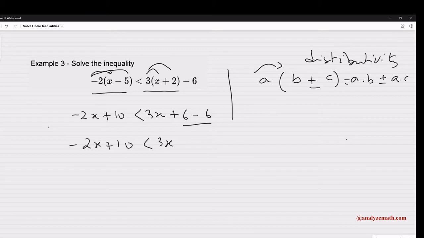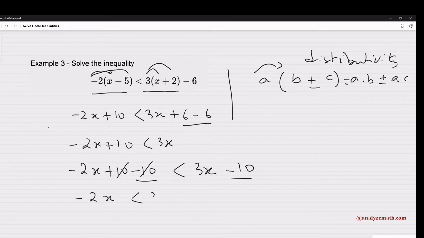Now I need to move this 3x to the other side. I can move the 3x or the 10, whichever. So let's start with 10. If I have a plus 10, I need minus 10 here, and 3x minus 10 here, the same thing on both sides. Simplify, this gives me 0. Now I still have the 3x here, so I need to subtract it.